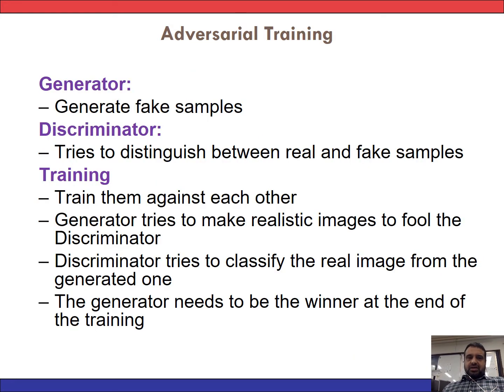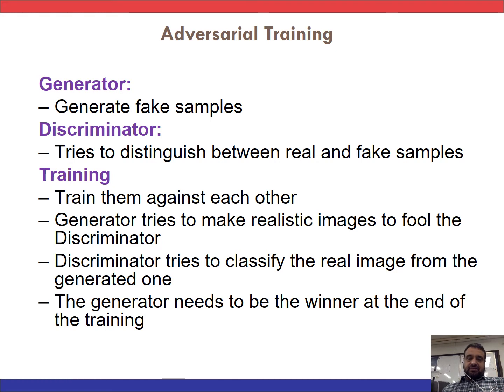Now we will talk about the training procedure of the generative adversarial network. The generative adversarial network consists of two networks. One is the generator network. The goal of the generator network is to generate the samples, and we call those samples the fake samples.